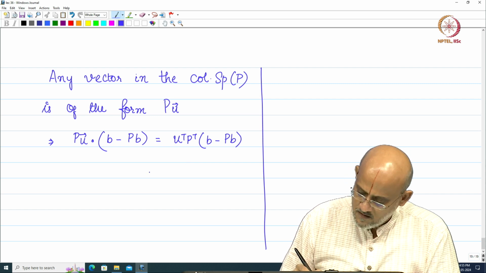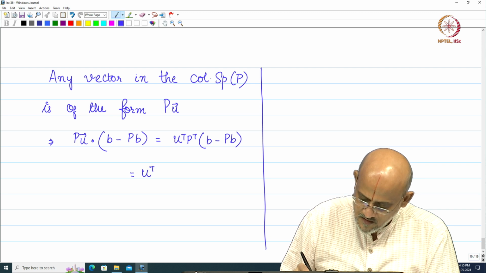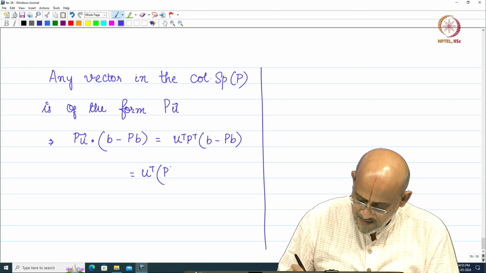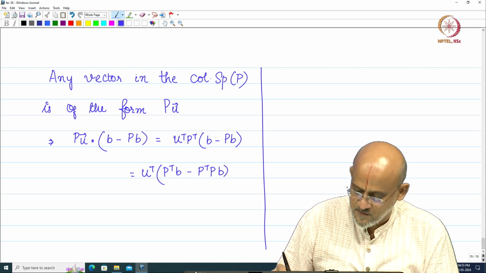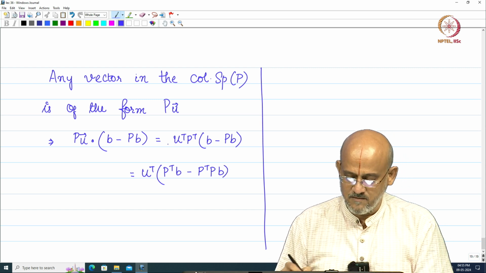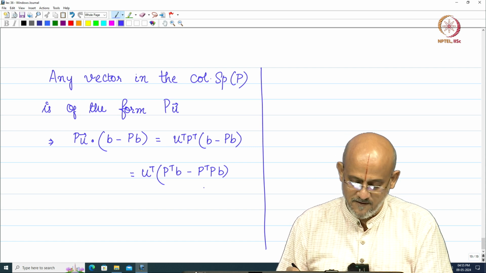If you expand this, we have U transpose into P transpose B minus P transpose Pb.